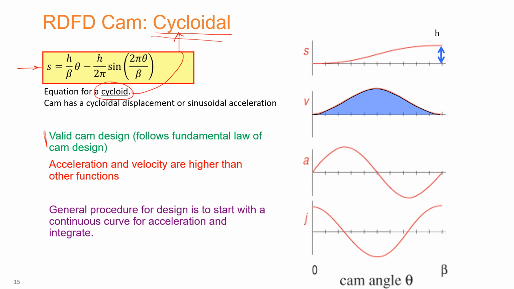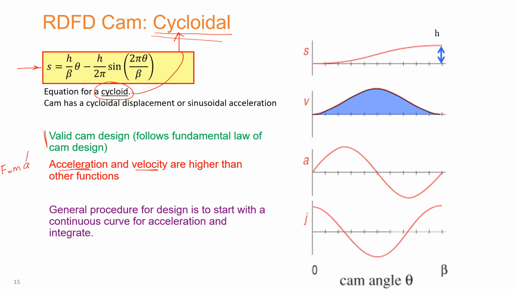Fulfills in a sense that the fundamental of CAM design is followed. You are going to find continuous acceleration and jerk terms, and you have finite values assigned to them as well. But a little bit of concern arises corresponding to acceleration and velocity terms. For example, in the simplest case, force is equal to mass times acceleration.